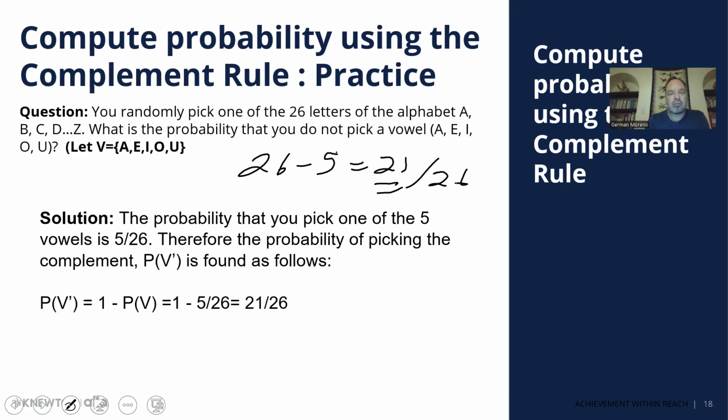So we could do it directly with this one, but they're trying to illustrate, look, it's easy to figure out and to list the set of 5 vowels. So there are 5 vowels out of 26 total letters.